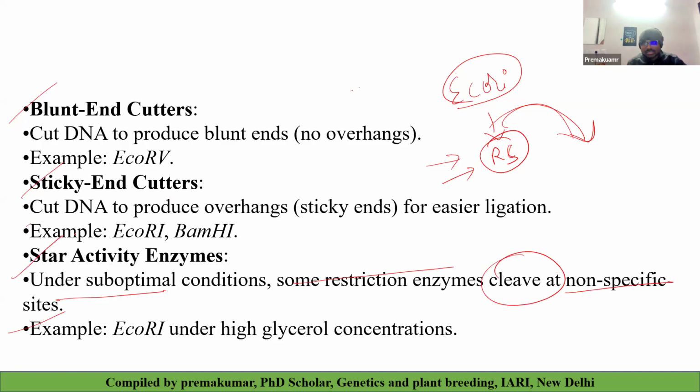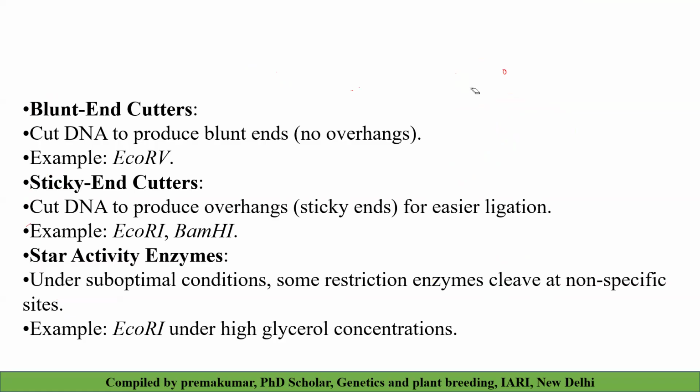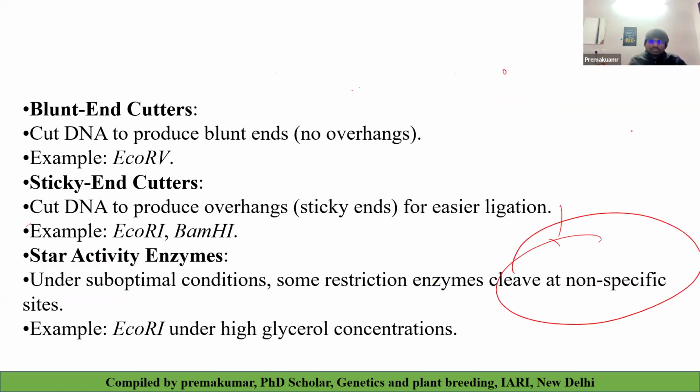This is called star activity. Is star activity desirable or not desirable in recombinant DNA technology? Not desirable, sir, because cleaving at non-specific sites means everything will be disrupted. You will not get your specific sequence and you can't get your desirable clone. So star activity is not desirable.